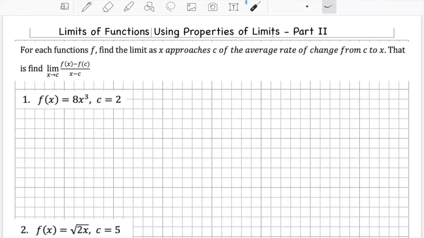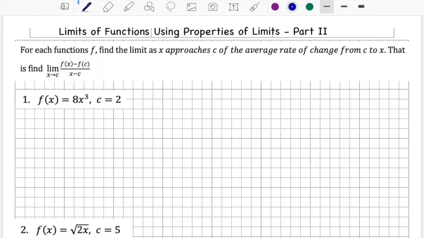For each function f, find the limit as x approaches c of the average rate of change from c to x. That is, find the limit as x approaches c of the average rate of change.